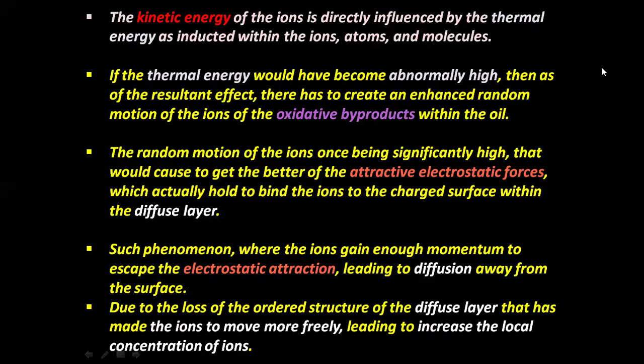In such a phenomenon, the ions gain enough momentum to escape the electrostatic attraction, leading to diffusion away from the surface. Due to the loss of ordered structure of the diffuse layer, the ions move more freely, leading to an increase in the local concentration of ions.